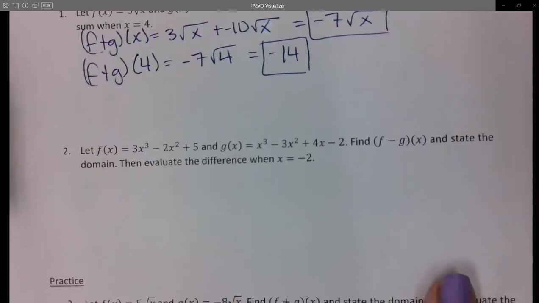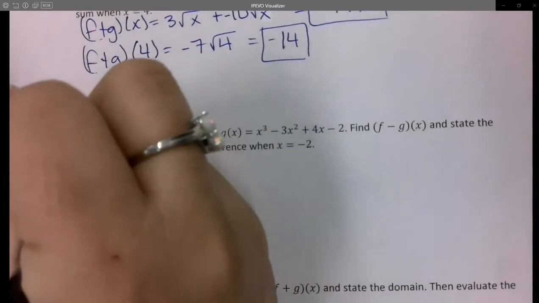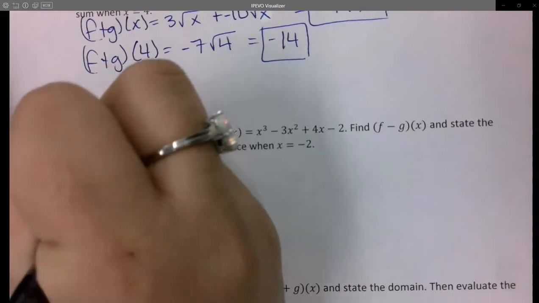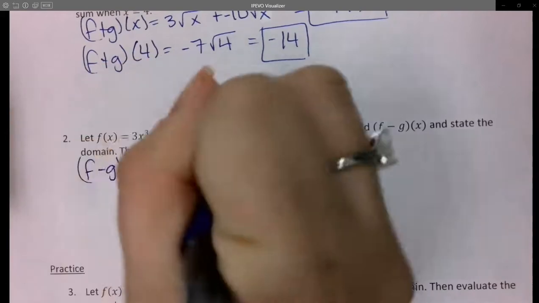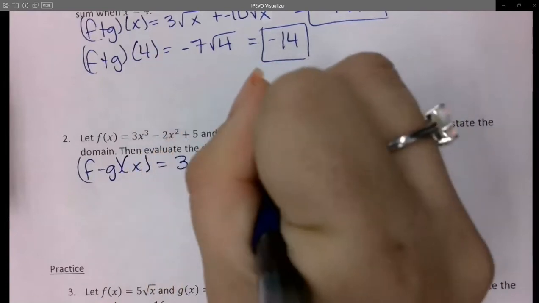Okay. Number 2 is a subtraction one. I know this because it has a minus in the parentheses. So I want to first write the f of x part, and that's not changing, so that stays exactly the same. So I have 3x cubed minus 2x squared plus 5.